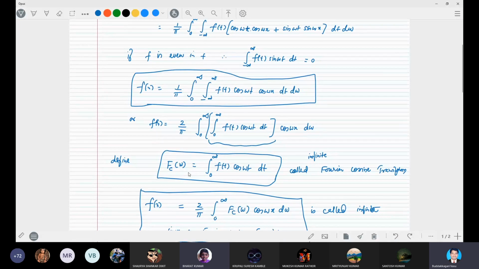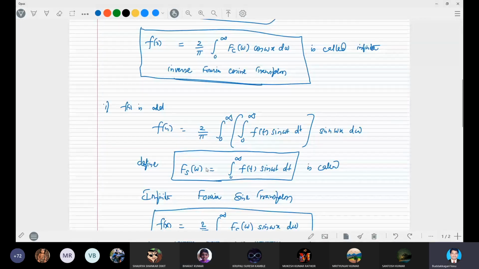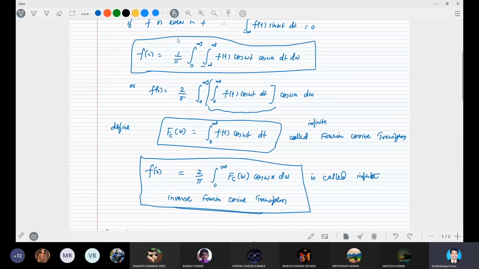So now you are clear? Yes, sir. Clear. 1 by 2 pi is the coefficient. If you write 1 by 2 pi, integral minus infinity to infinity will come. If you write 1 by pi, integral 0 to infinity will come. Correct, sir.